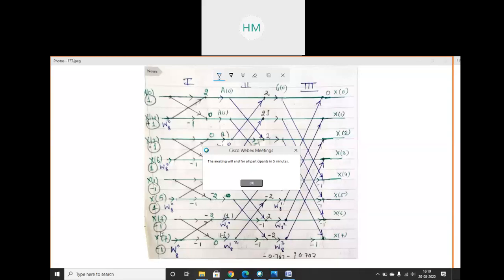x of 5 क्या आ रहा है तुम्हारा इक्वेशन? x of 5 इक्वेशन इज योर g of 1. g of 1 क्या है मेरा? 2j. g of 1 is 2j plus I am having minus 2 minus 1 w8 1. Okay, clear? h of 1 w8 1 और माइनस साइन आएगा वापस.